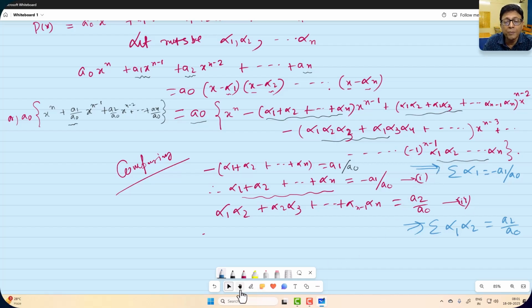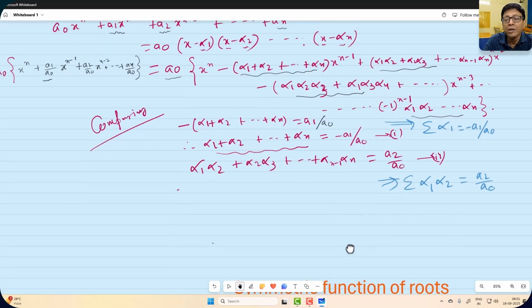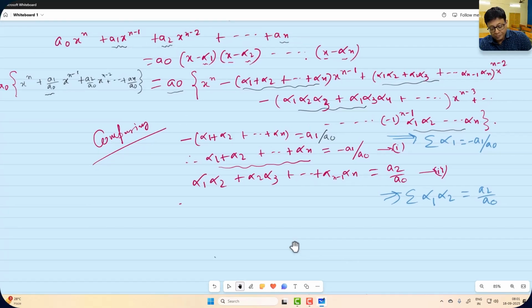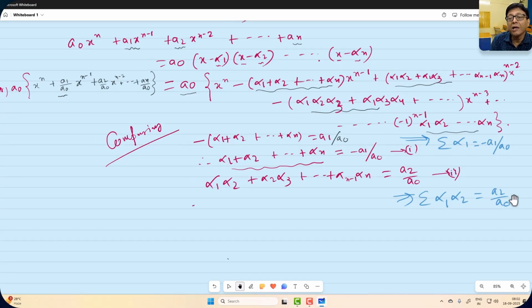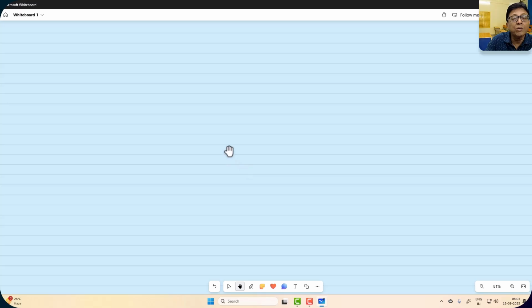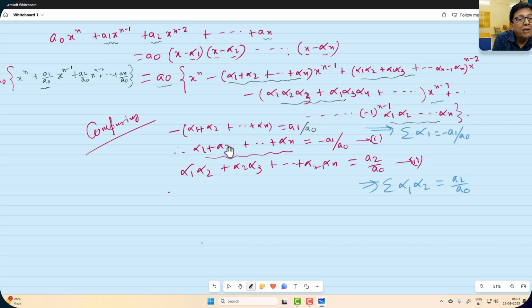Now for product of roots taken 3 at a time, when we compare the coefficient of x to the power n minus 3, x to the power n minus 1, n minus 2 and then n minus 3, there is a term here that I cannot write all the time, but it is there. It is a3 by a0 x to the power n minus 3.